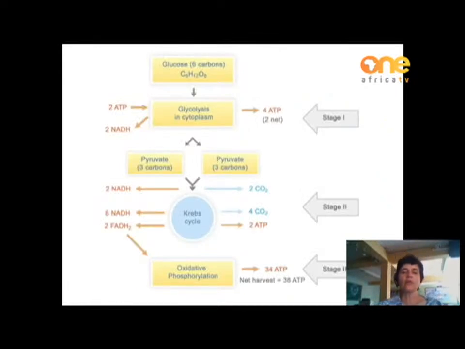If we now move to the last stage, it helps us to quickly get back to the 6-carbon molecule glucose. During the glycolysis process, it breaks down into 2 pyruvates.